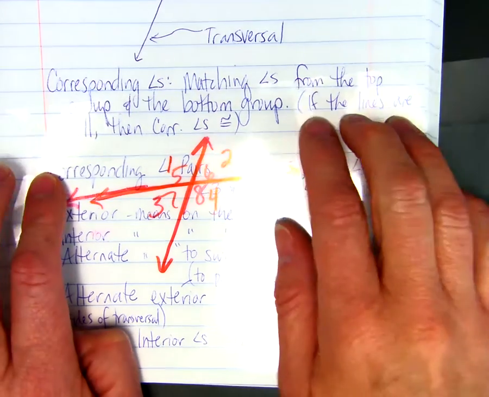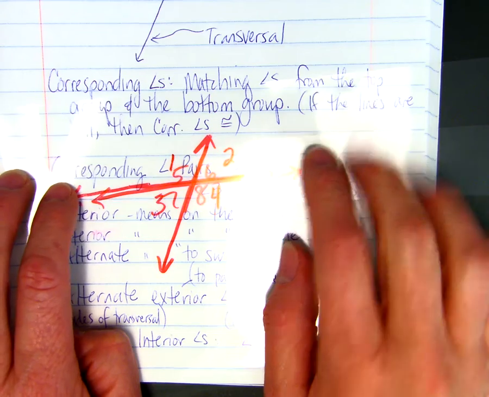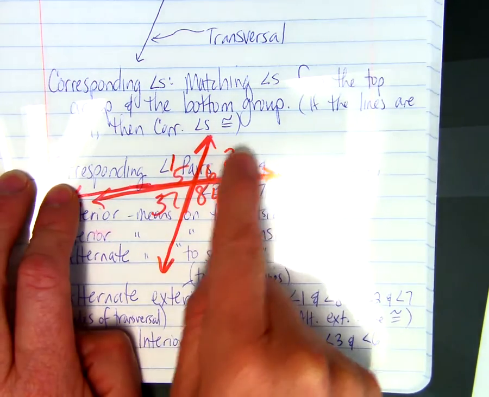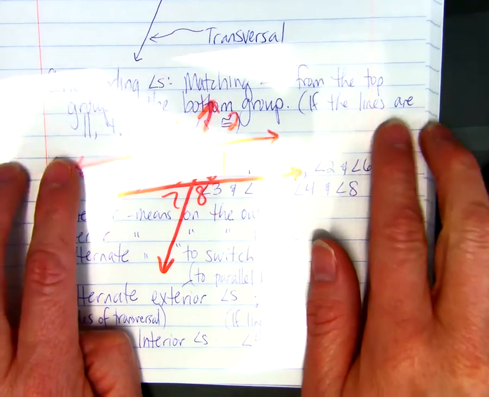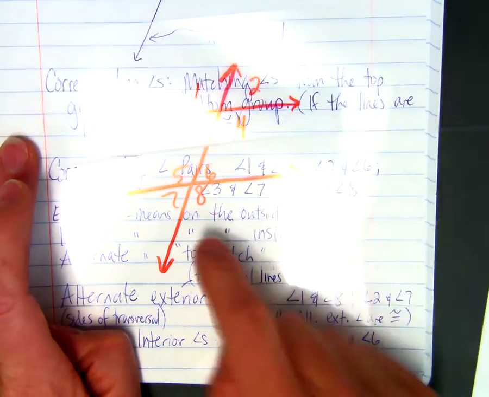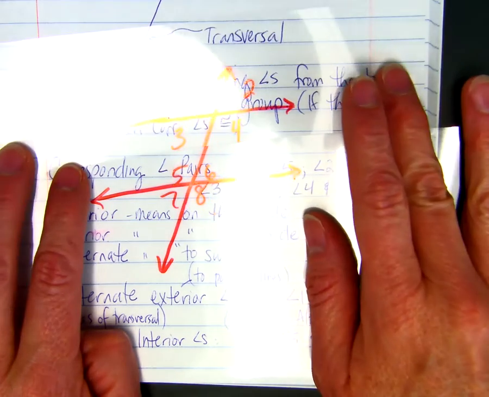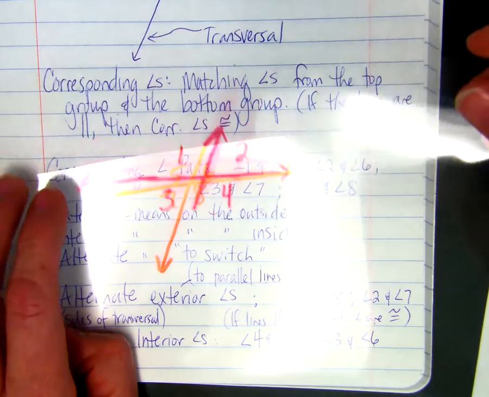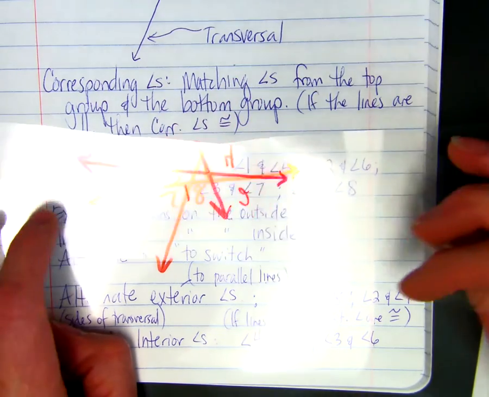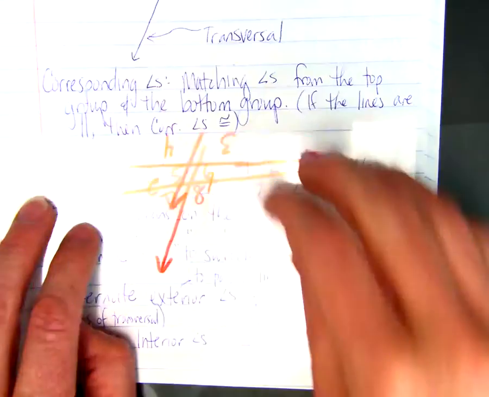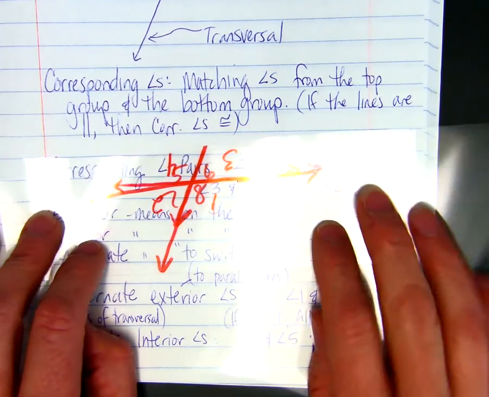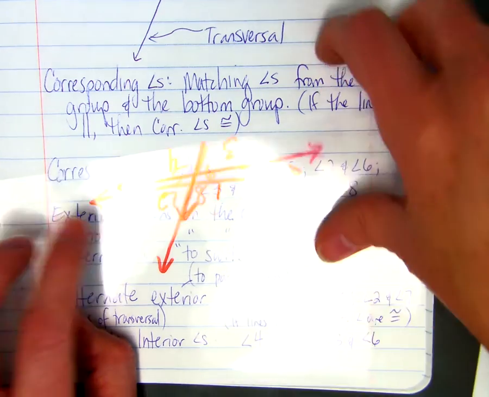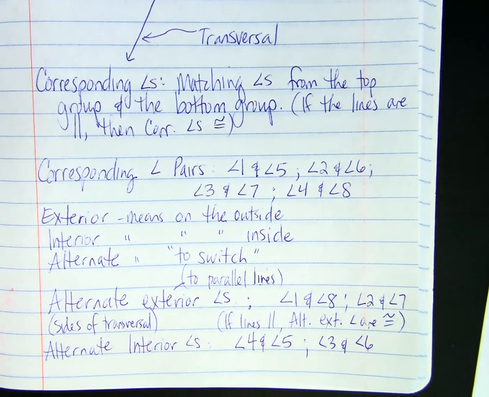So 2 and 7 are exterior, 3 and 6 are interior, 4 and 5 are alternate interior. Even if I turn this upside down and over, notice how they line up. 2 and 7 should be the same measure. Sometimes looking at it this way helps.